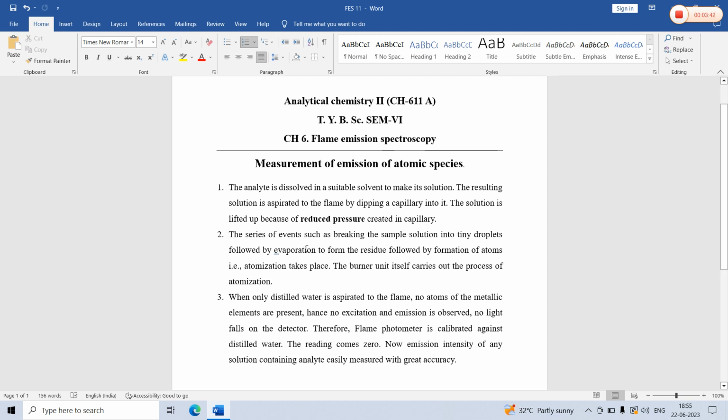The second point is a series of events: breaking the sample solution into tiny droplets, followed by evaporation to form the residue, followed by formation of atoms, that means atomization takes place. When the sample solution goes into the flame, a number of events take place. First the sample solution becomes tiny droplets, then the tiny droplets go into the residue, and this residue is then reduced to atoms.